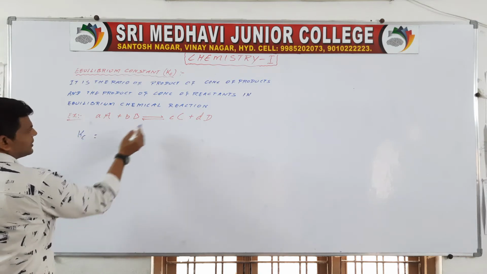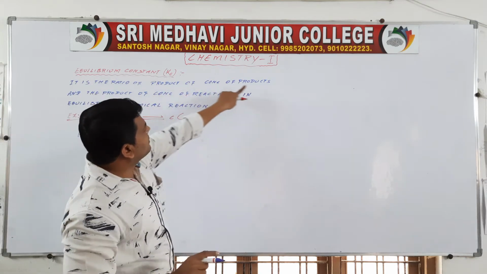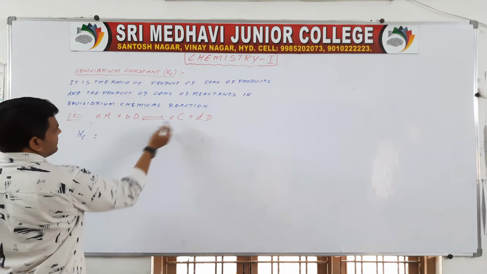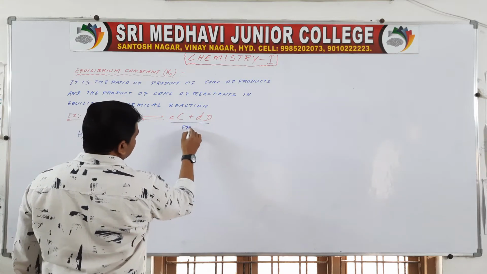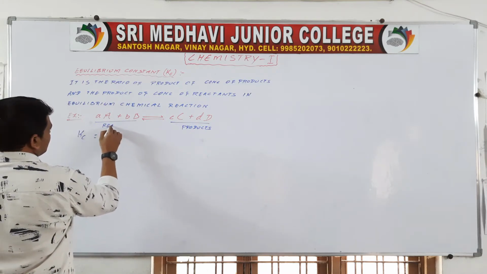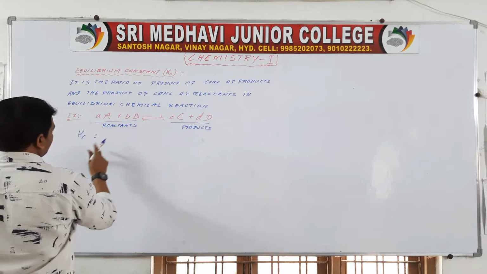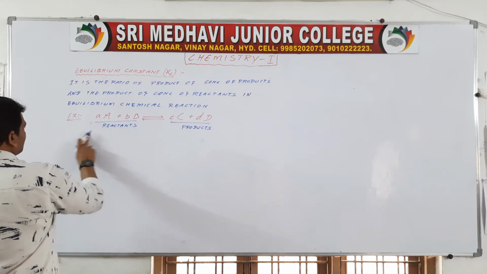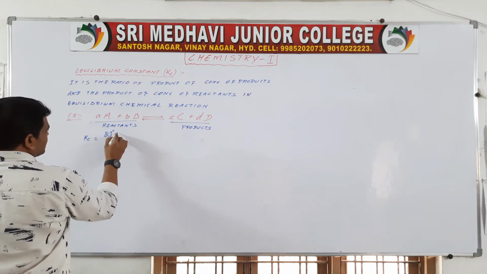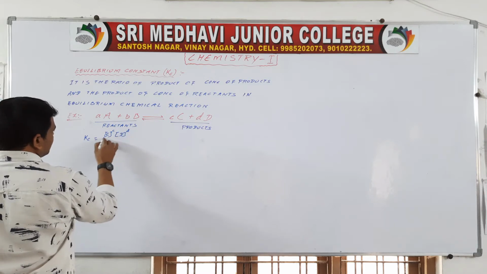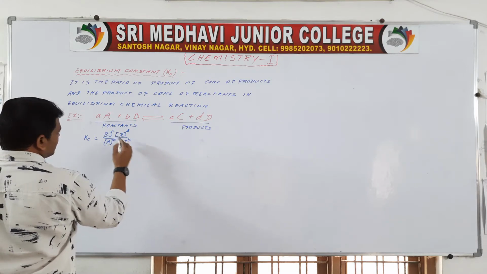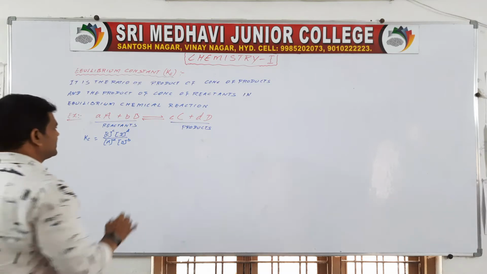So Kc equals the product of concentration of the products, these are products, and these are reactants. Then Kc equals concentration of C to the power c times concentration of D to the power d, divided by concentration of A to the power a times concentration of B to the power b.